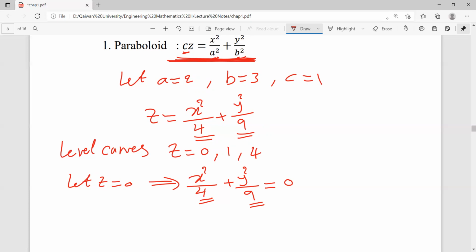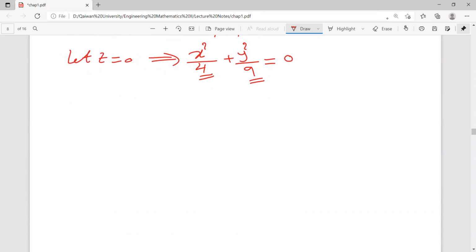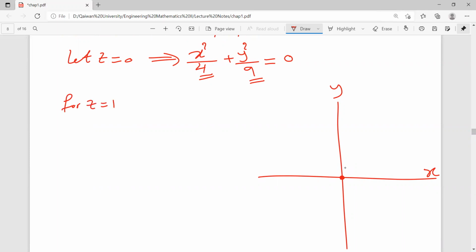That means the graph for Z equal to 0 is only one point, which is at the origin. This is X and that's Y.